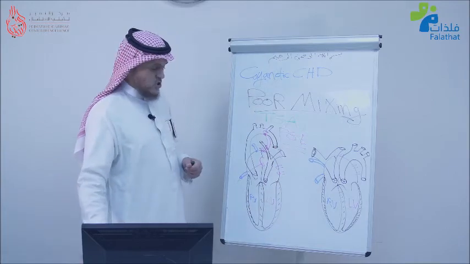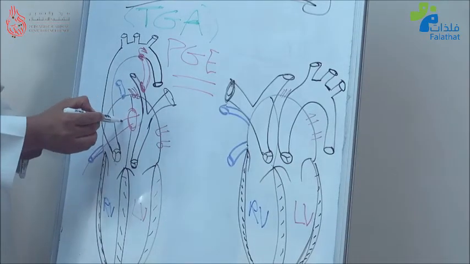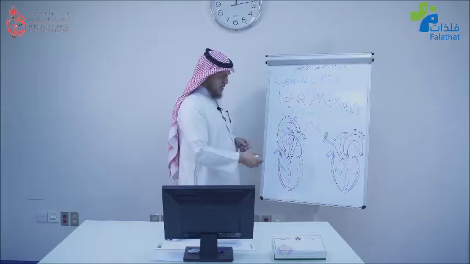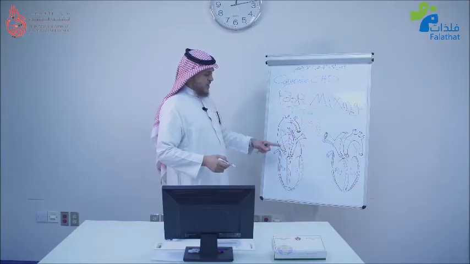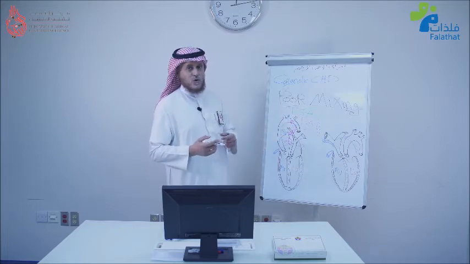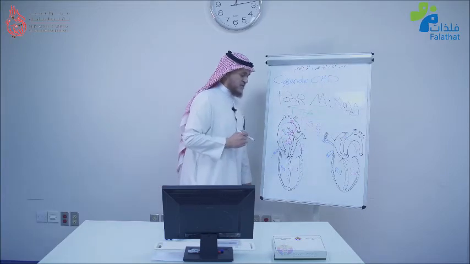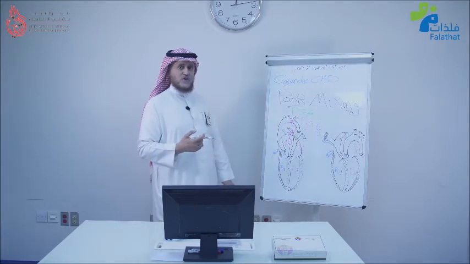That's usually good enough to provide them with a sizable defect that can give them sizable mixing to improve the saturation in the right atrium, right ventricle, and hence in the aorta. And obviously this is all temporary because they will need the surgery for the arterial switch. There are other types of surgeries.